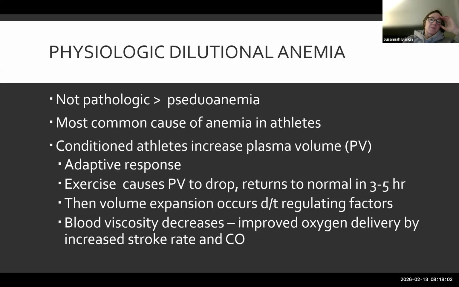So you will see people have volume expansion, blood viscosity decreases, it improves oxygen delivery because you get increased stroke rate and cardiac output. But as that plasma volume increases, what happens to your hematocrit? It's going to drop, but it's just really tricking you. It's essentially a physiologic dilutional anemia. You're not really anemic, just your plasma volume has increased.